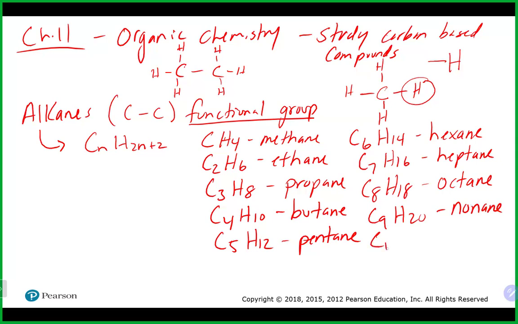And 10 carbons gives us 22 hydrogens, which would be decane. These are all alkanes, and they all end with -ane, and that's how you know it.